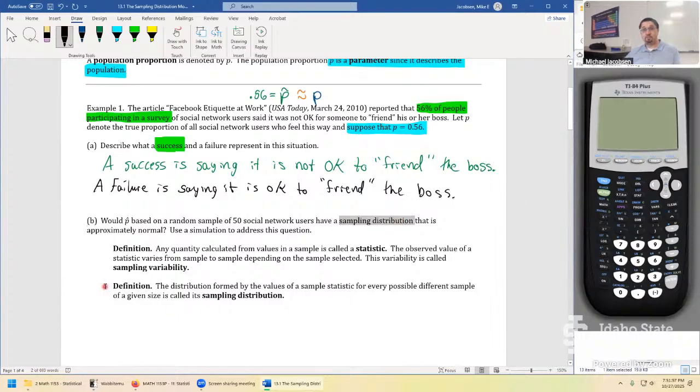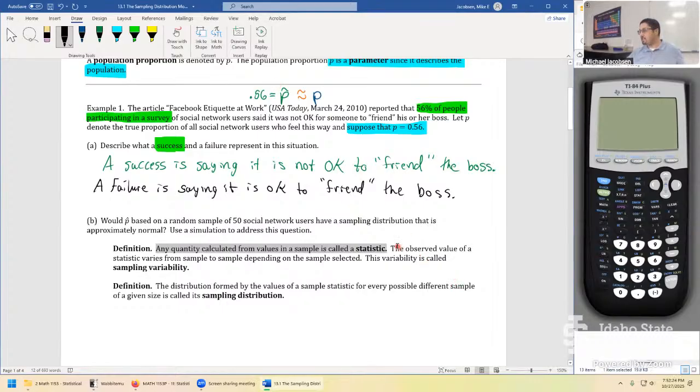That's this definition, but it relies on the prior definition. So let's go through carefully with this technical definition. Any quantity whatsoever calculated from the sample is called a statistic. So here, 56% of the people participating in the study said it was not okay to friend their boss. That's the statistic, p hat. So we labeled it using that terminology.